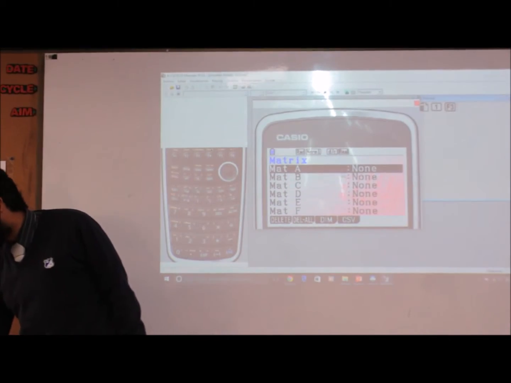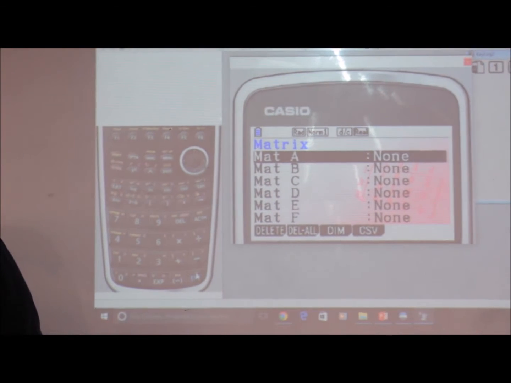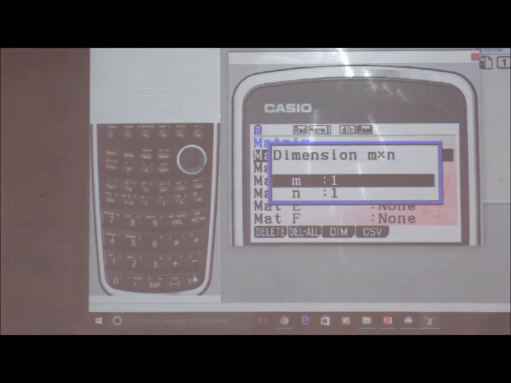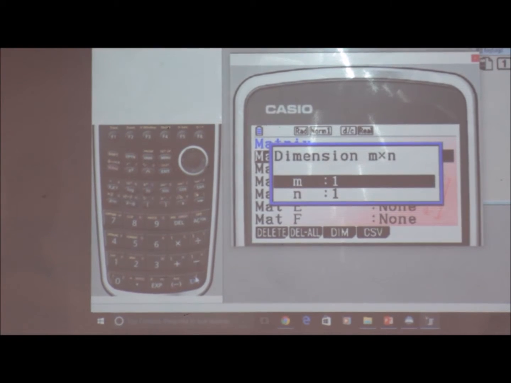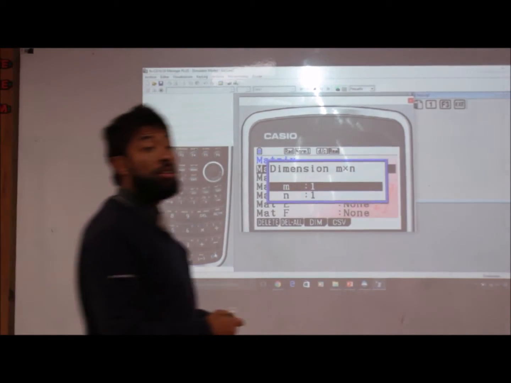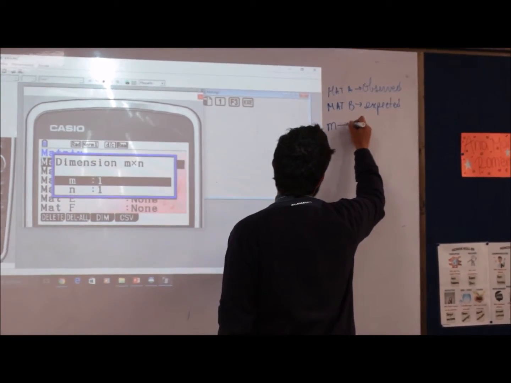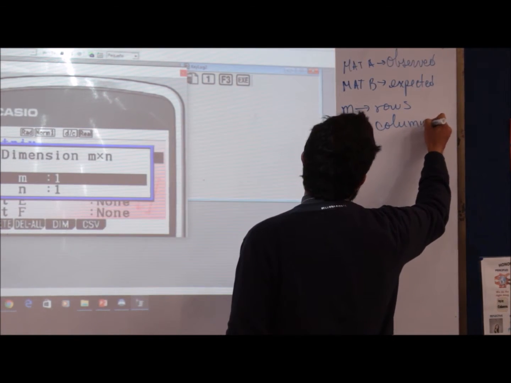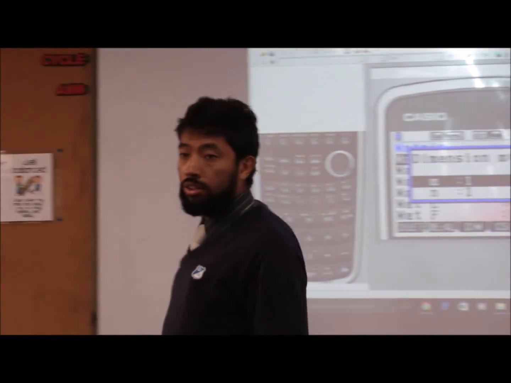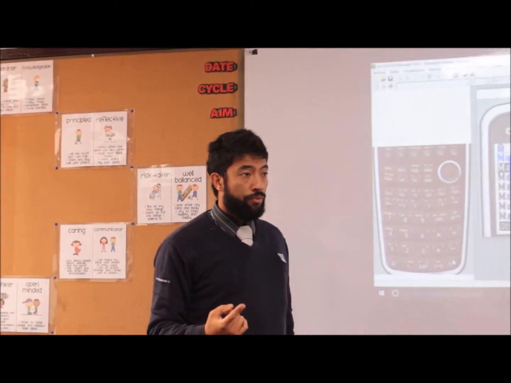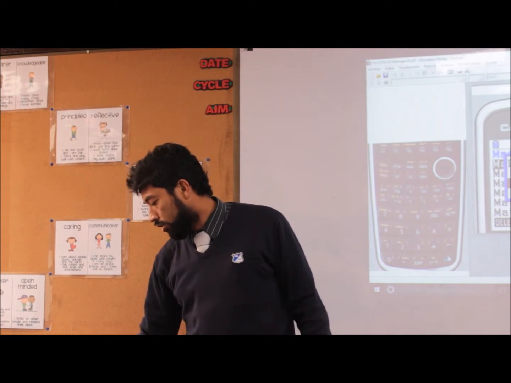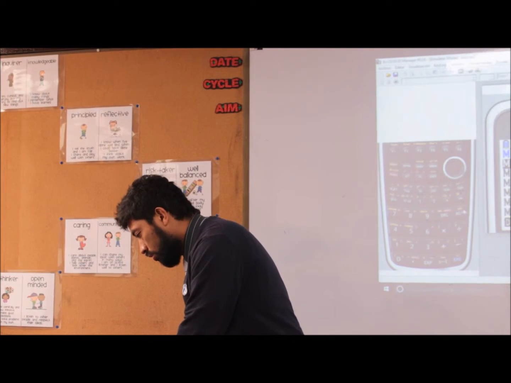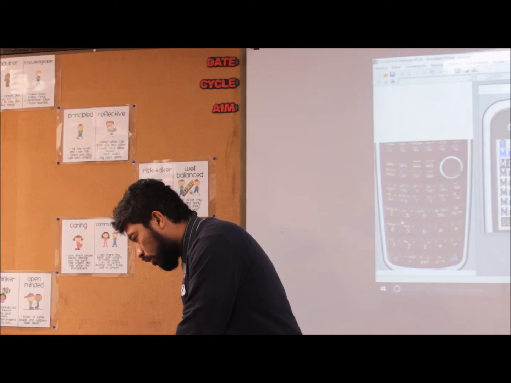You are here, matrix A. You press execute, and immediately there's a frame asking for dimensions M and N. M are rows, N are columns. How many rows do we have? Two rows and 4 columns in this case.